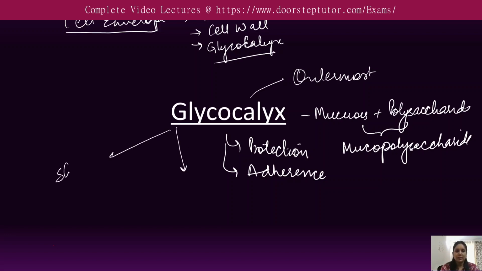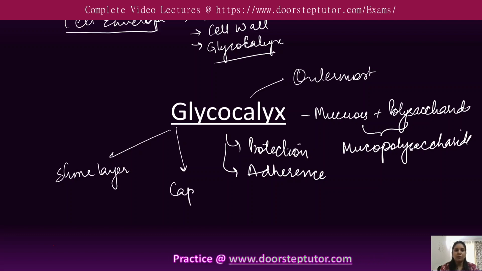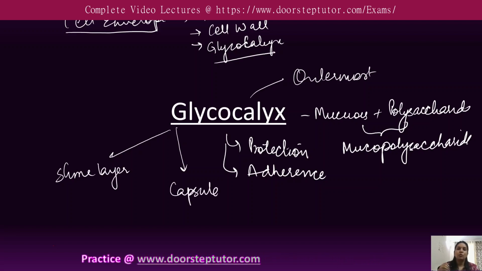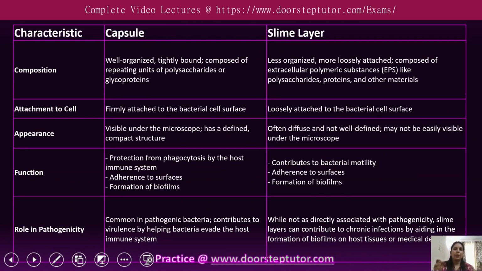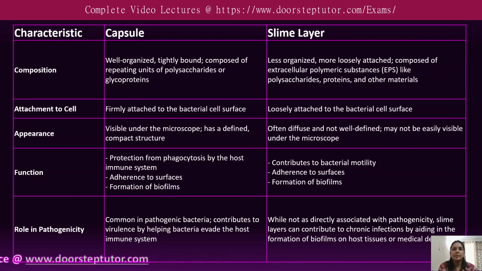Either in the form of the slime layer or in the form of the capsule layer. So we'll discuss the slime layer and the capsule layer in detail. The capsule and the slime layer are just the forms of existence of the glycocalyx.